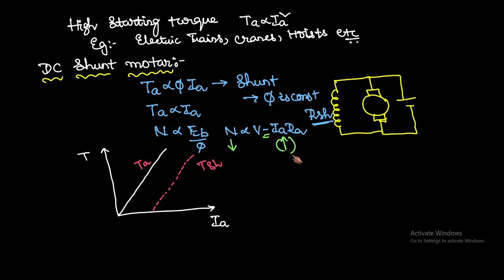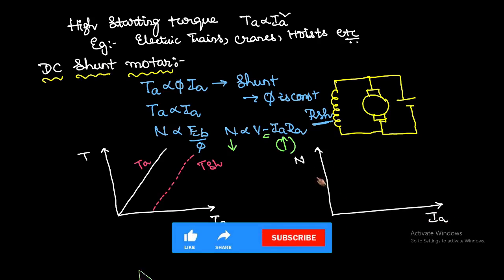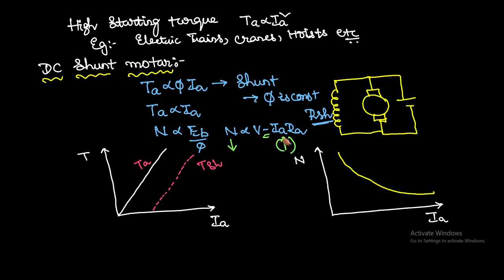Next, let us draw another characteristic, that is speed versus armature current. Whenever you are increasing the armature current, the speed will decrease, and the curve will be like this.